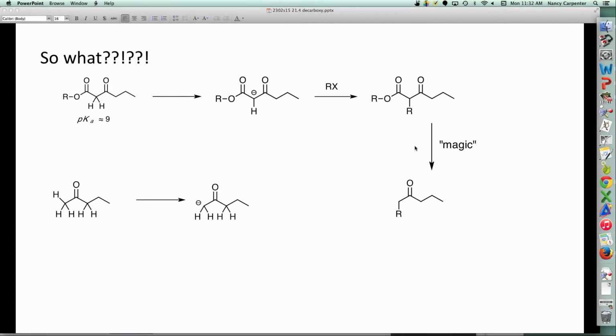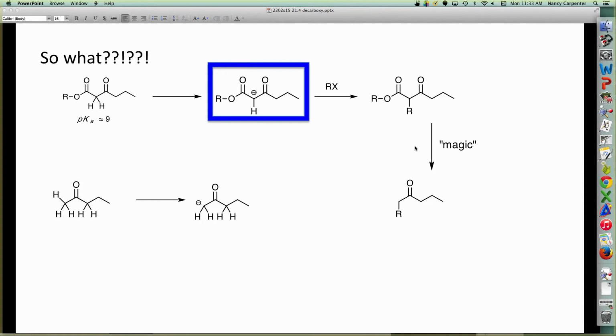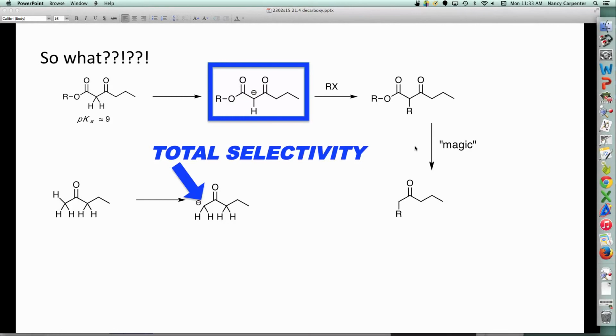It's as if I started with this ketone on the left, which of course has all kinds of alpha hydrogens that could be deprotonated, but I only want to deprotonate and make the kinetic enolate. Well, here's the neat thing. Because of the structure on the top, where we're going to actually be able to get rid of that, this allows us complete selectivity for deprotonation of that methyl hydrogen.